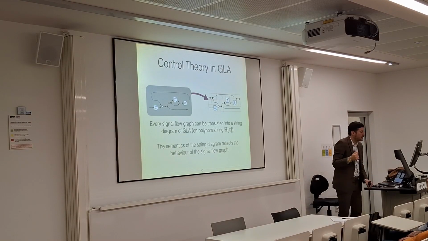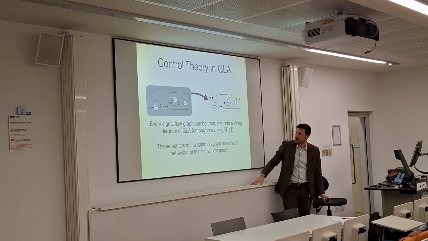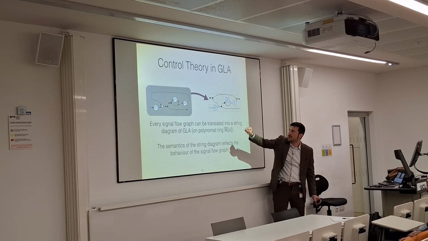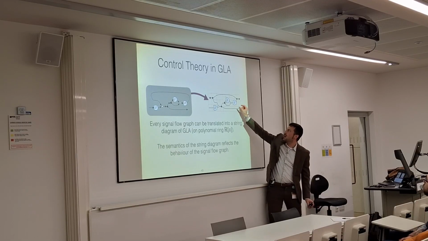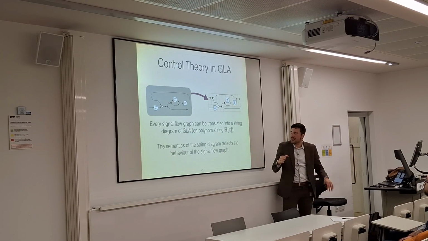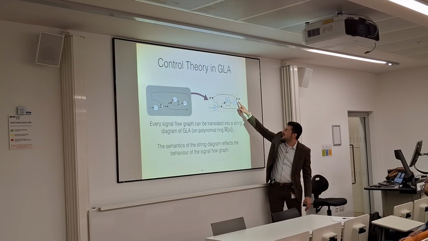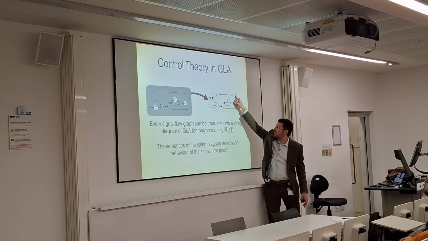Well, it turns out every signal flow graph can be translated into a string diagram. And you see the string diagram reflects the shape of the signal flow graph. Here I put these red lines to show you how the individual operations participate together in forming the signal flow graph interpretation. So you see that there is a Frobenius algebra structure on the black that gives you this feedback loop.